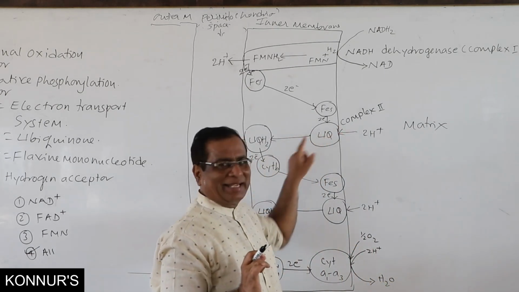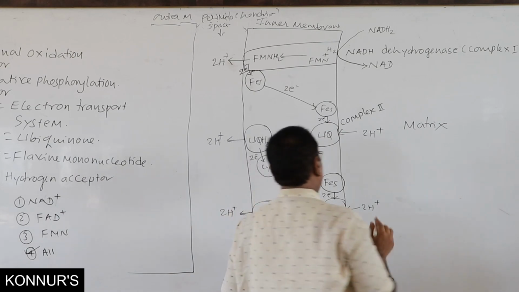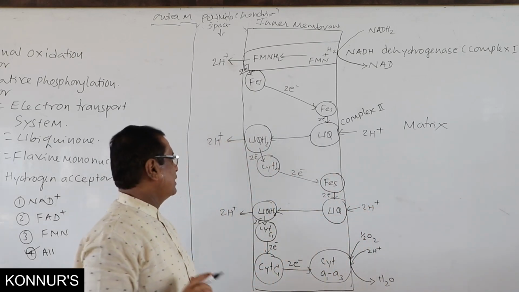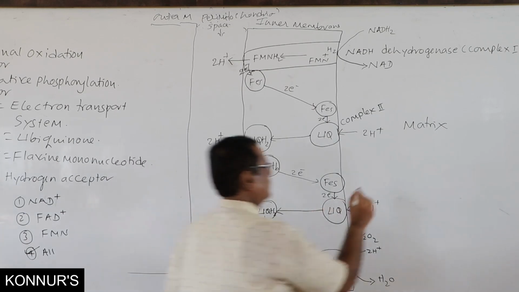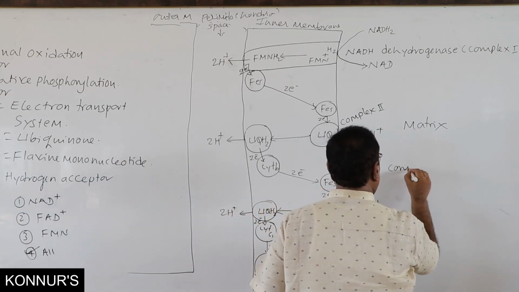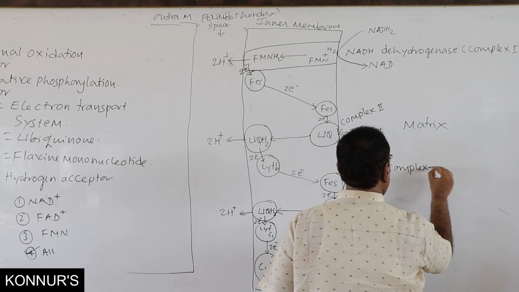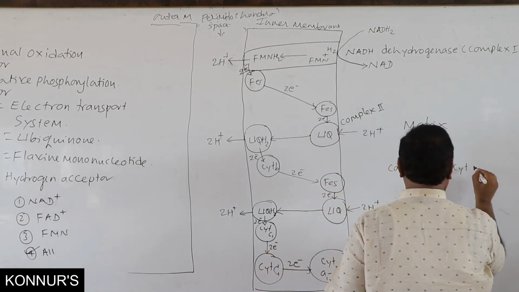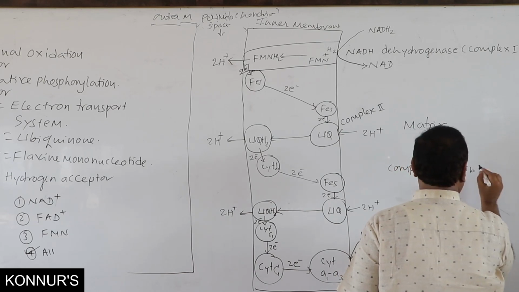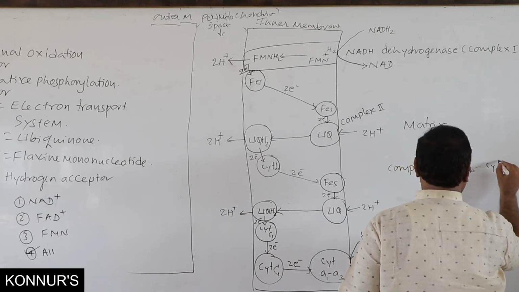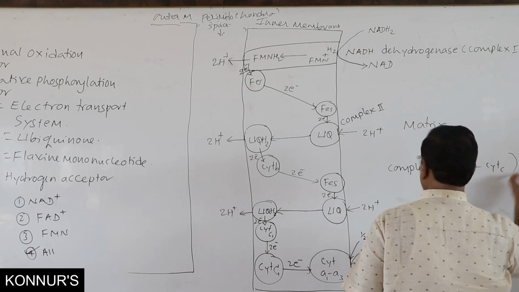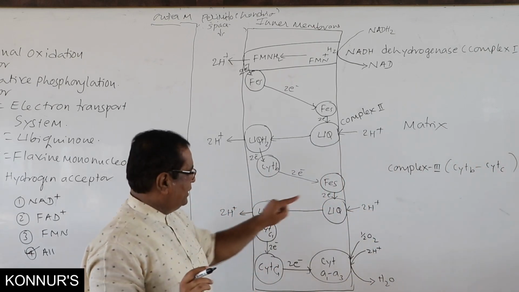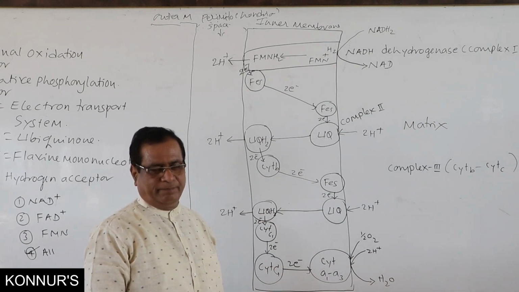The third complex consists of cytochrome B and cytochrome C1. Cytochrome B to cytochrome C1 is the third complex.